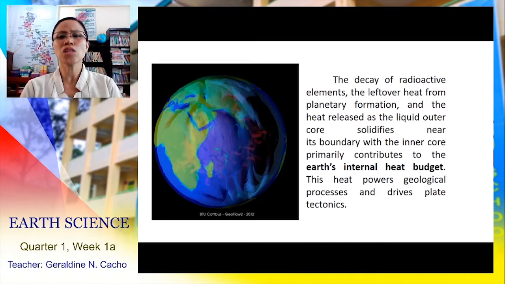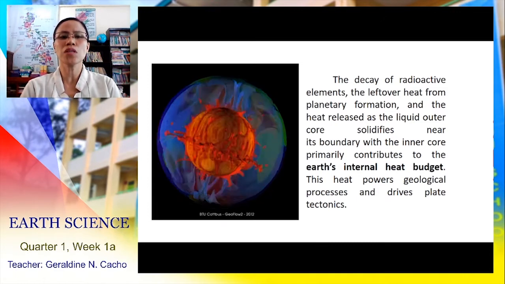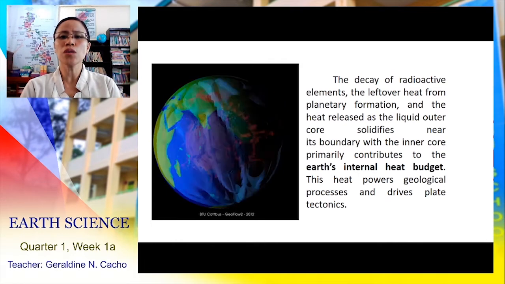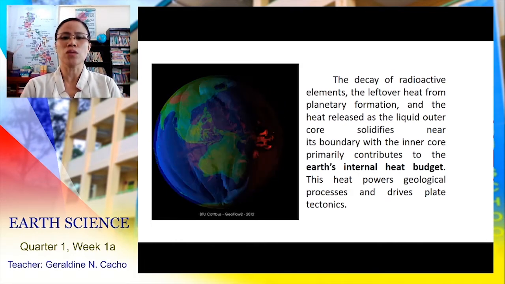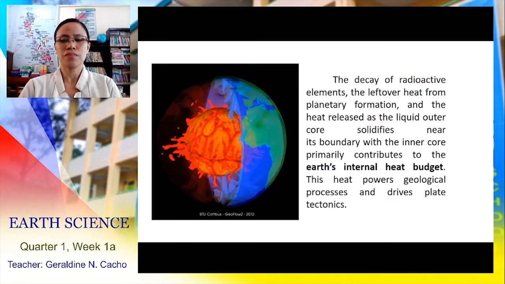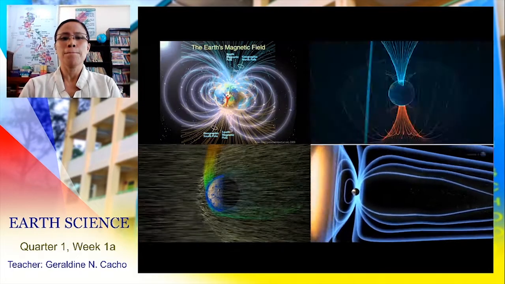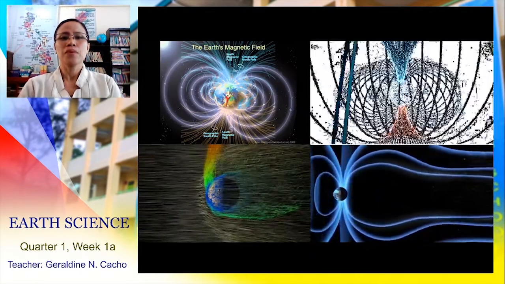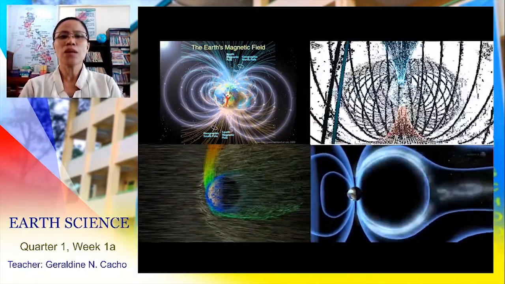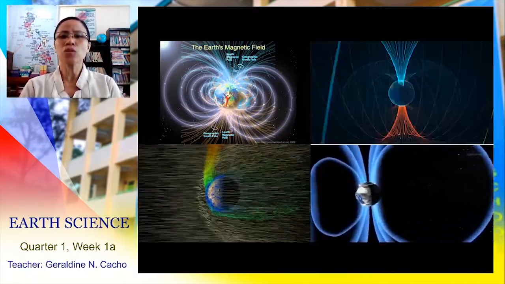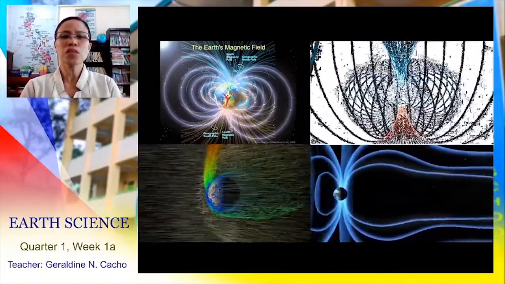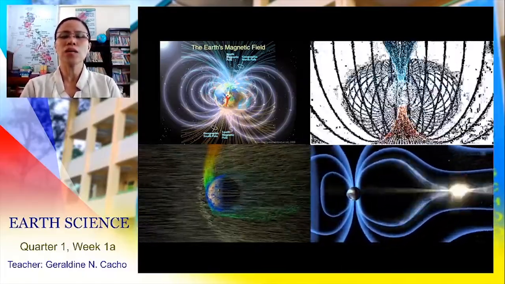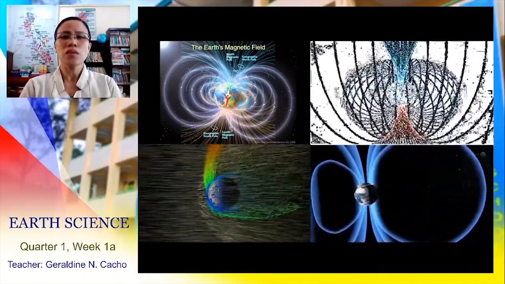We can find these elements or materials in the inner core, in the outer core, in the mantle. I mentioned a while back about the outer core and the inner core. In this core, there are again elements.